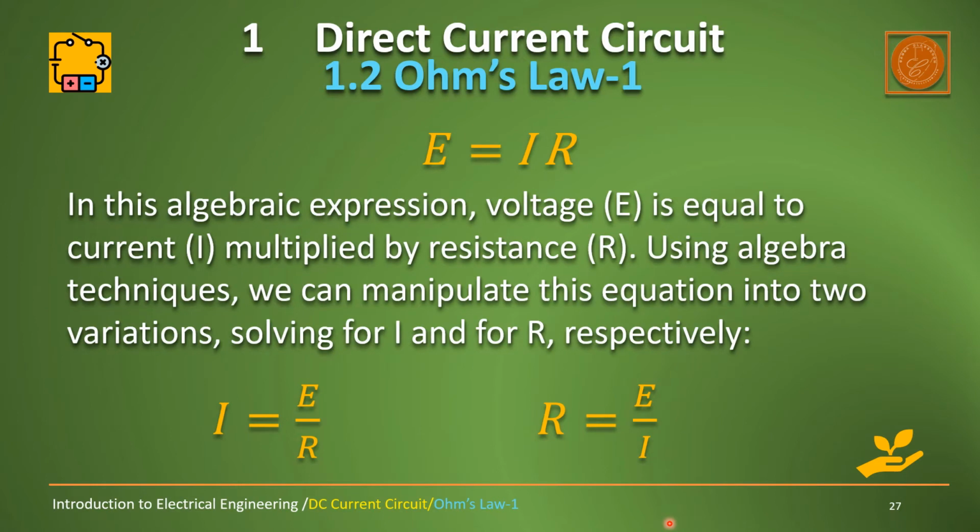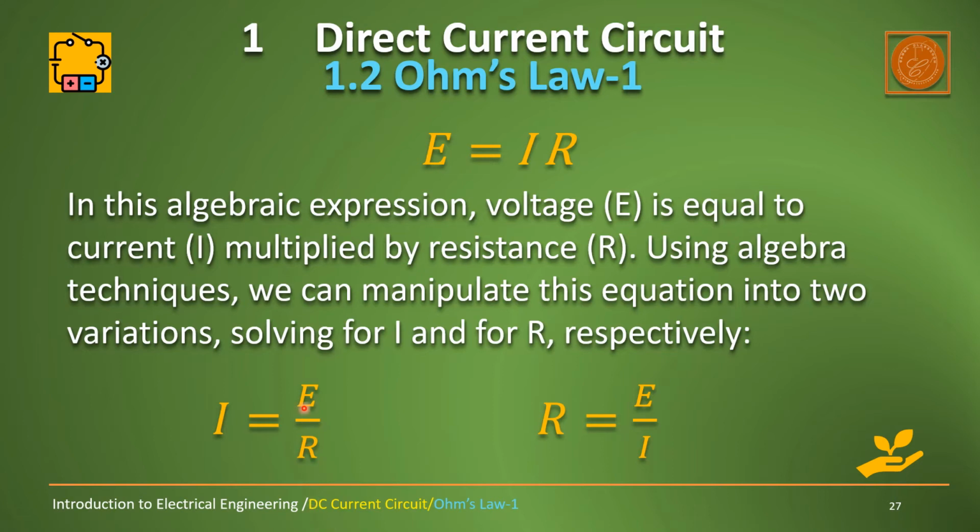In this algebraic expression, voltage E is equal to current I multiplied by resistance R. Using algebraic techniques, we can manipulate this equation into two variations, solving for I and for R respectively.